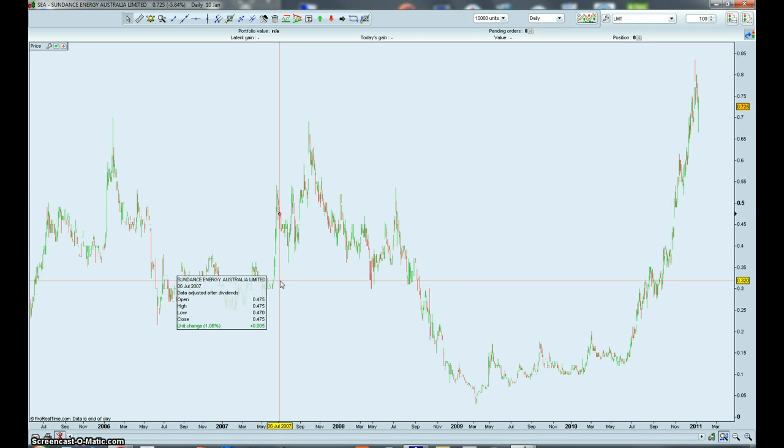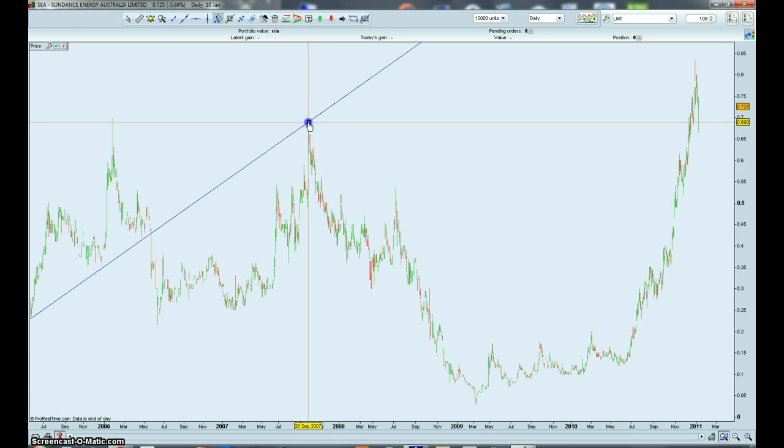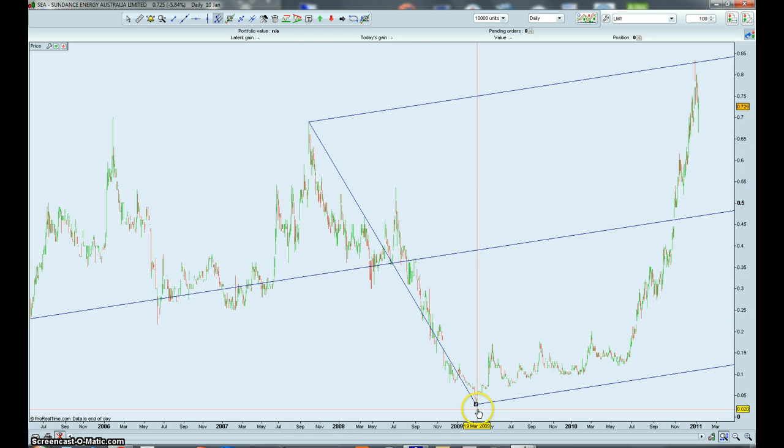Okay, we're just having a look at the Sundance Energy chart again. I thought I'd do something a bit different this time. I've been having a play around with the Andrews pitchfork, so I thought I'd take the opportunity to do some practice, and then the chart gurus on the charts forum can critique my work, hopefully.